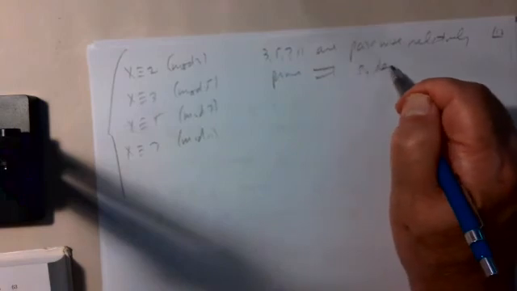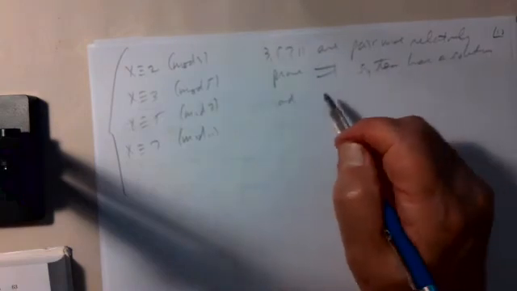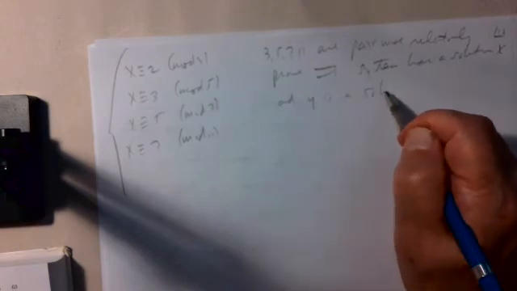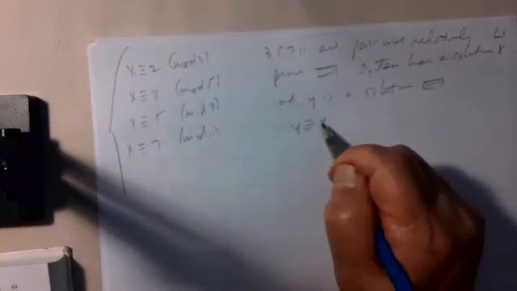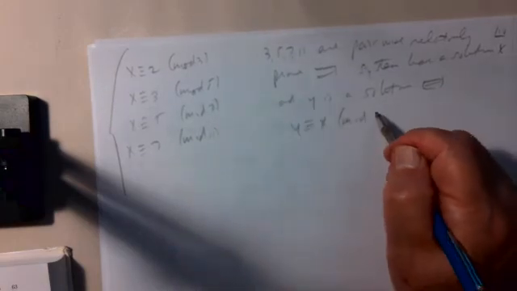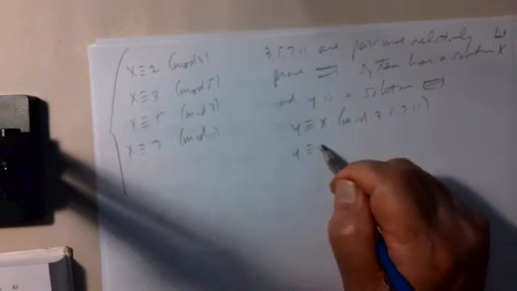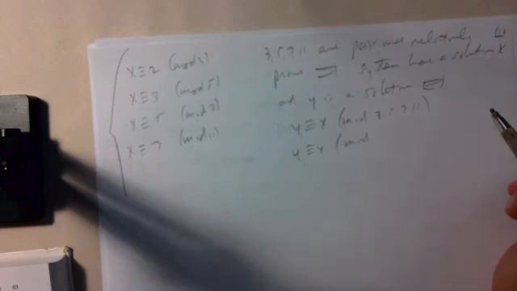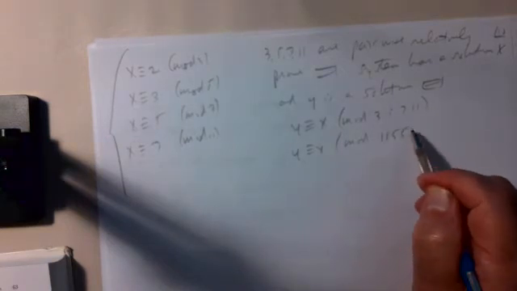So the system has a solution, and y is a solution if and only if y is congruent to x modulo the product of the moduli, 3 times 5 times 7 times 11, or y is congruent to x modulo 1155.